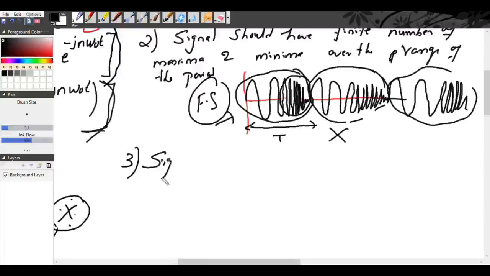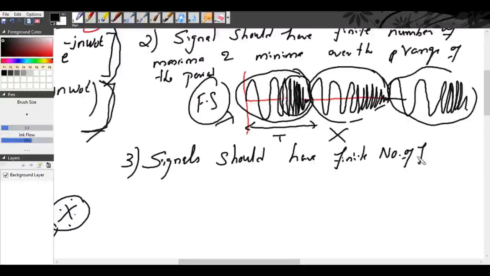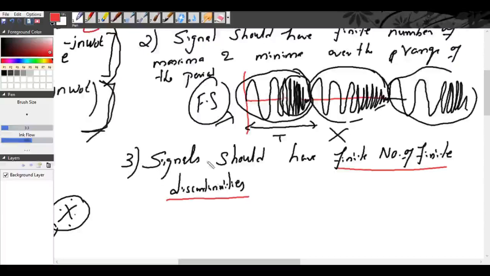Third one, signals should have finite, pay attention, a finite number of finite discontinuities over the range of the period.